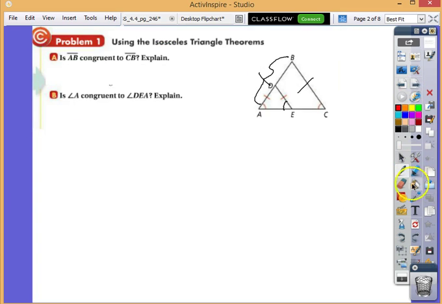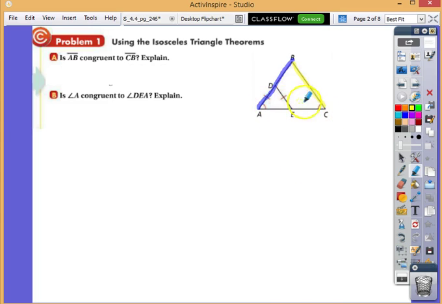All right, so let's look at some application here. For this particular picture right here, is AB congruent to CB? And if so, explain. So what is AB? AB is this side right here. And I want to know if the blue side is congruent to the yellow side. Well, notice that the blue side and the yellow side make up legs of an isosceles triangle whose base is AC.